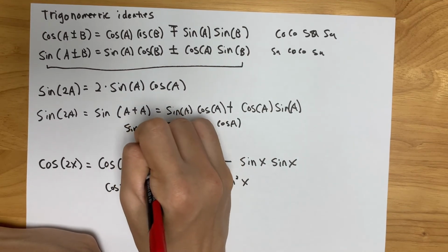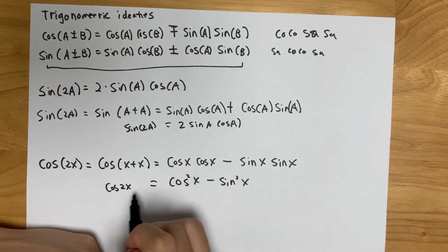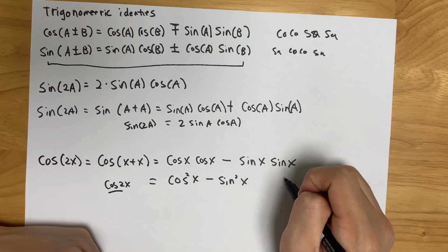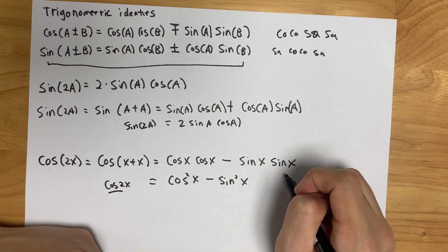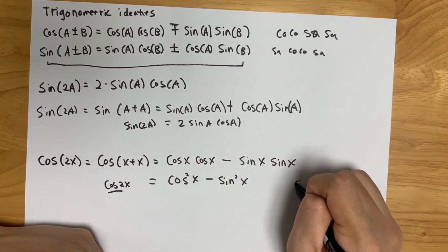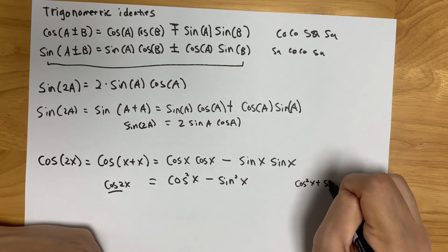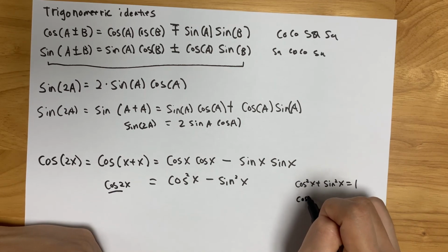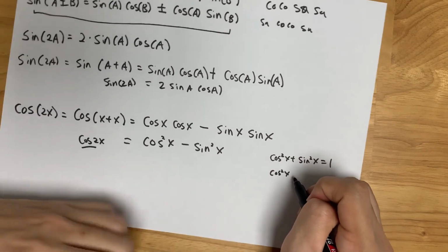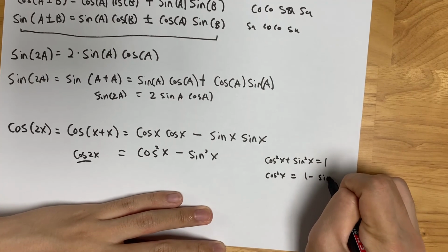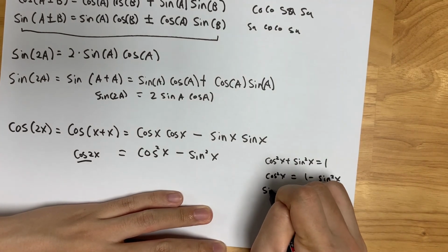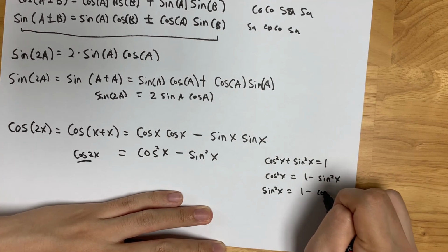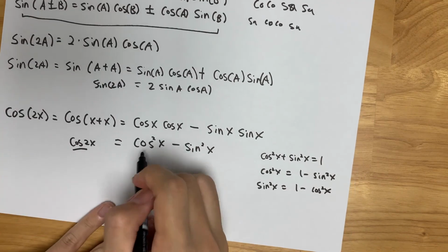Don't forget to write the sine. Using this fact, according to Pythagorean theorem and how I proved it, we know that cosine squared x plus sine squared x equals 1. Then cosine squared x is equal to 1 minus sine squared x, and sine squared x is 1 minus cosine squared x. Let's plug it in.